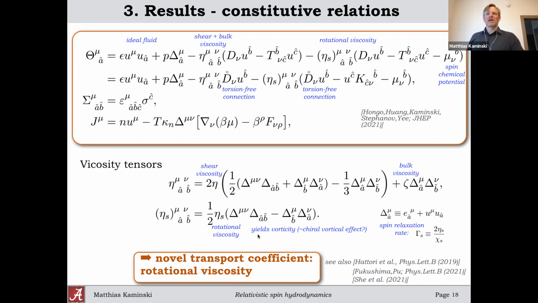That is what multiplies the rotational viscosity in here. So it's governed by only one transport coefficient, the rotational viscosity. And that's what the extra contribution is. Of course, if you set the torsion to 0, T is the torsion in here as always, and the derivatives contain torsion contributions, if you set all of that to 0, this all collapses to our standard first order hydrodynamics that we know.